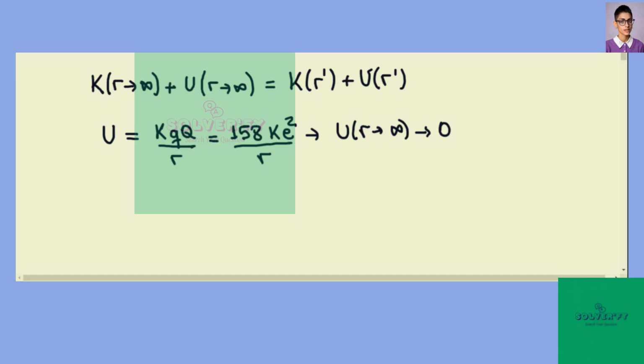and for that reason, our conservation of energy equation here that I just pointed to in red becomes: the kinetic energy when r goes to infinity, which is 5 megaelectron volts, is equal to, this term here vanishes, and so this term is equal to 158 K e squared over r prime.